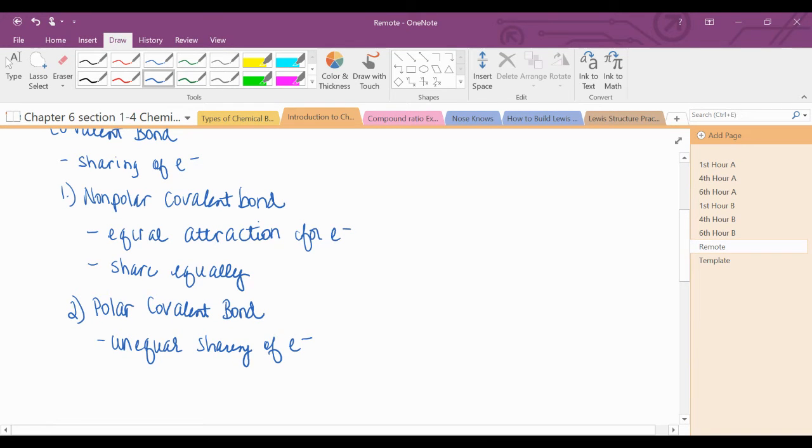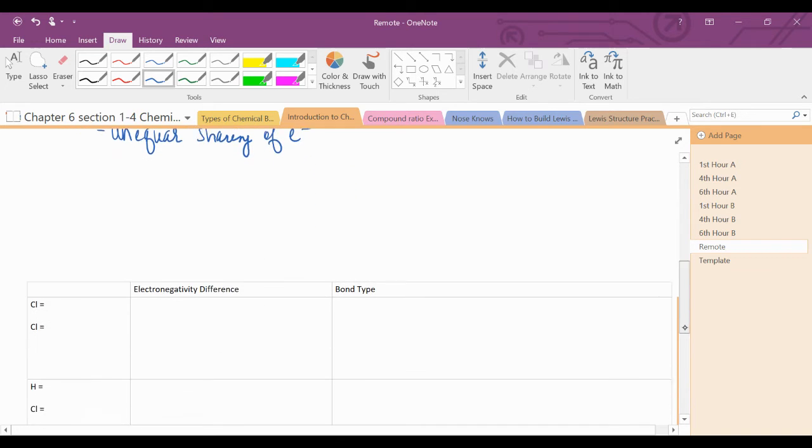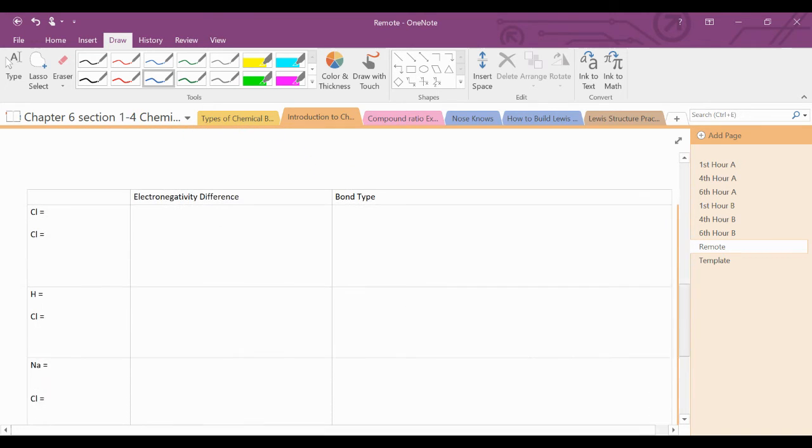So the more electronegative element has the greater affinity for electrons, so it's going to be pulling those electrons toward it. All right, so obviously I've mentioned the word electronegativity. So we can actually use electronegativity values to determine the type of bond.